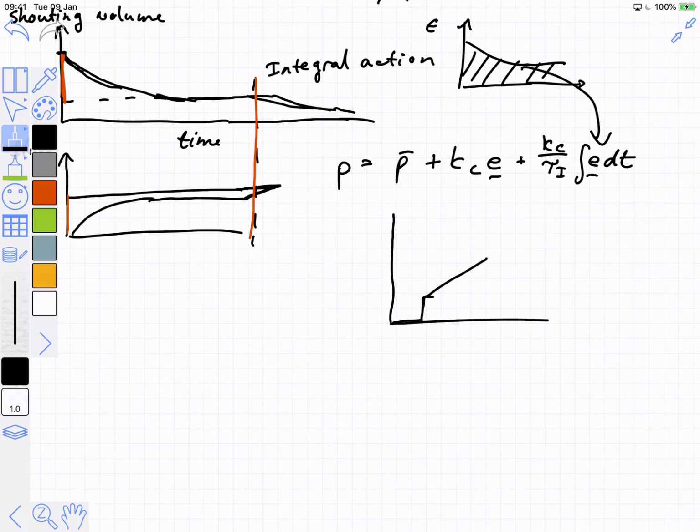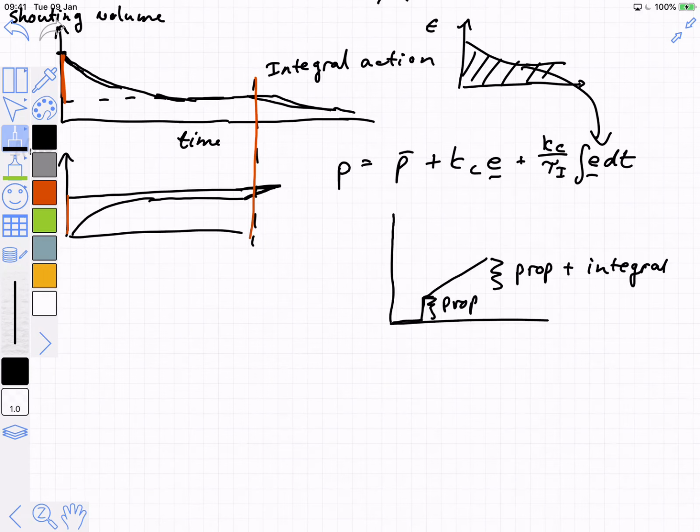And you can say, well, this action is due to proportional plus integral, and that action is due to proportional only, because at that point the integral is still 0.